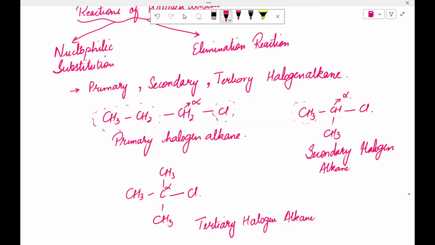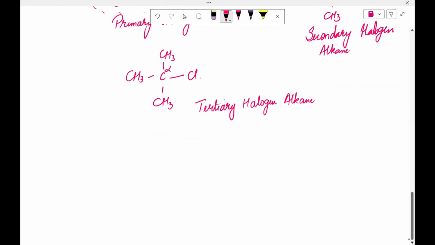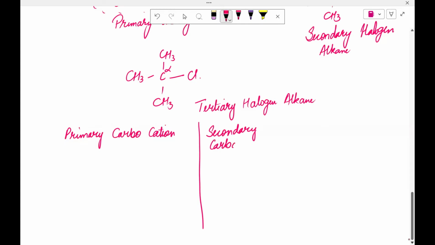Now let's move further and discuss primary carbocation, and then we are going to have secondary carbocation, and then tertiary carbocation.